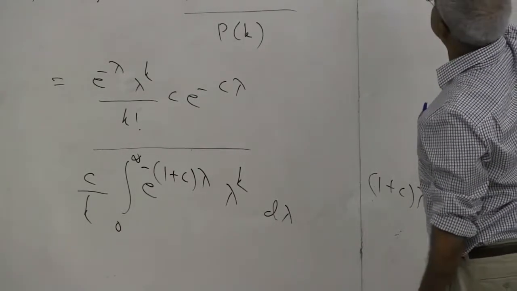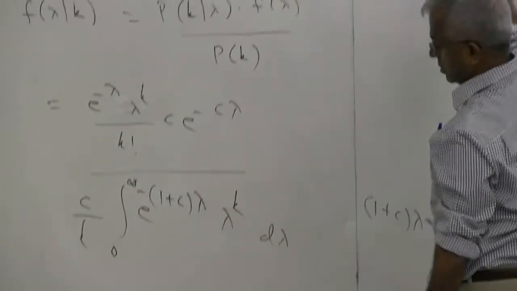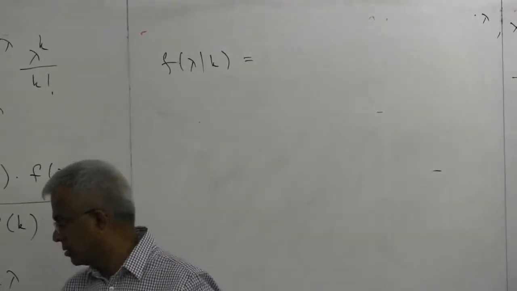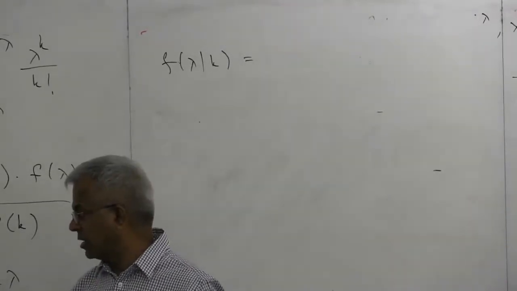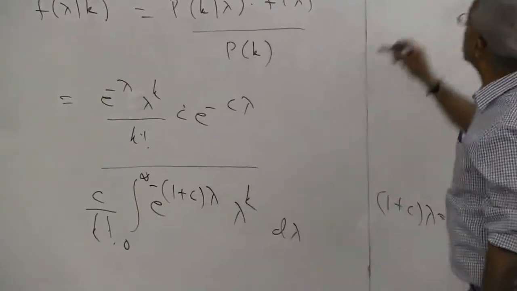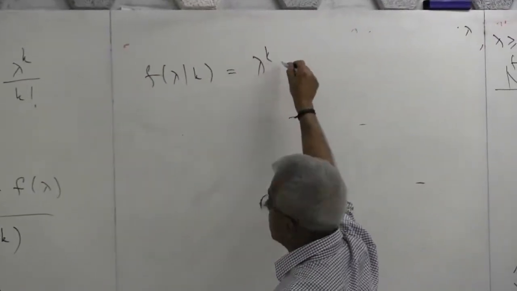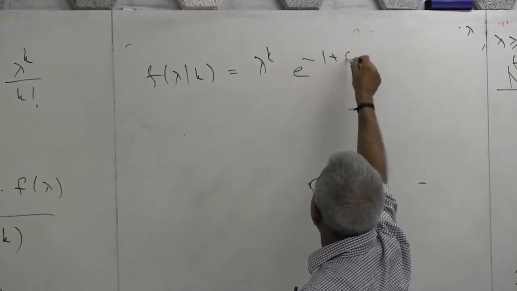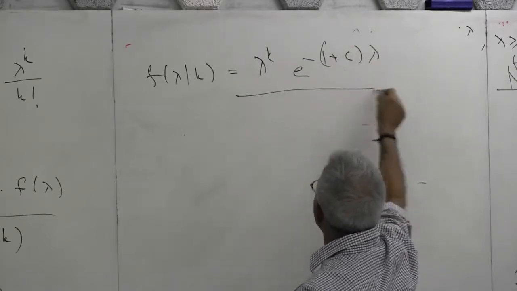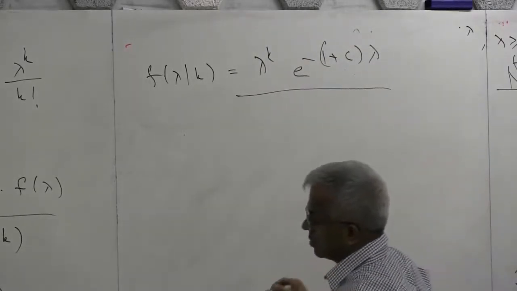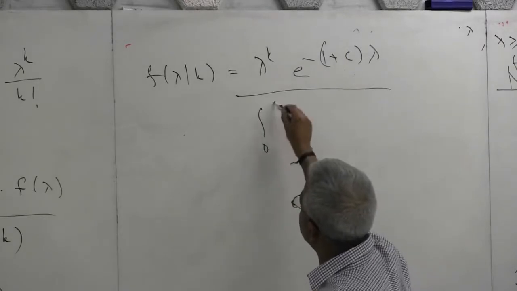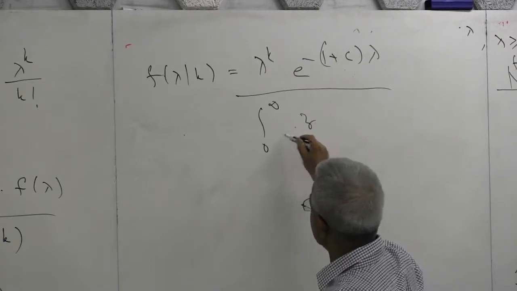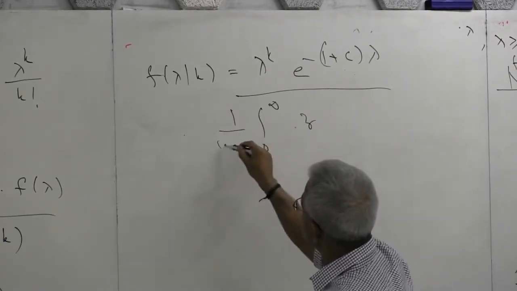So then f of lambda given k: k factorial cancels, c cancels. So you have lambda to the k, c, e raised to minus 1 plus c multiplied by lambda, over the integral from 0 to infinity, where lambda is replaced by z over 1 plus c.